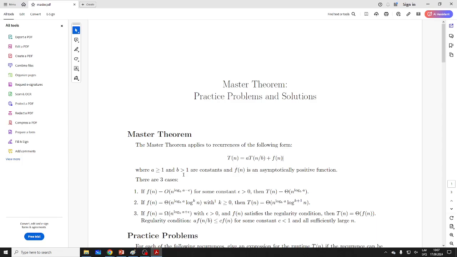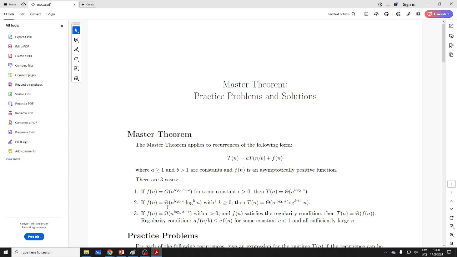So a and b, you check log base b of a, and then you see whether this is more than the work function, in which case the recursive part is most important.